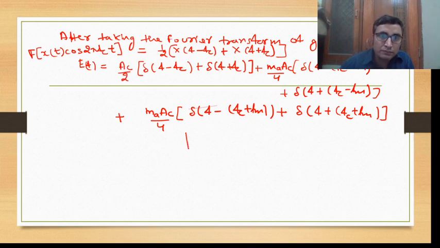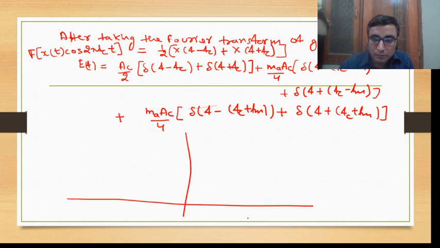Now we draw the x-axis for frequency, and the magnitude of this capital E of f is shown at the y-axis. We have three frequency components: the first one is the carrier, and the second and third are the upper sideband and lower sideband, fc minus fm, and similarly with negative sign.